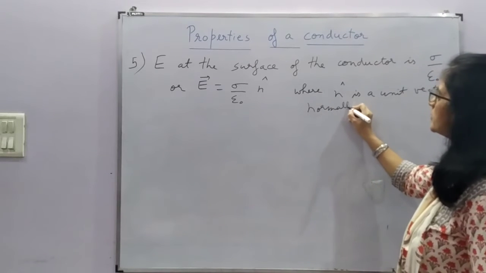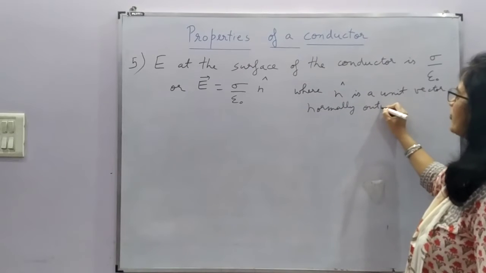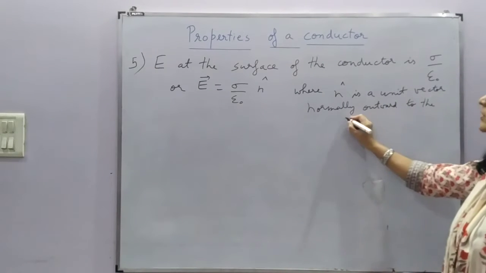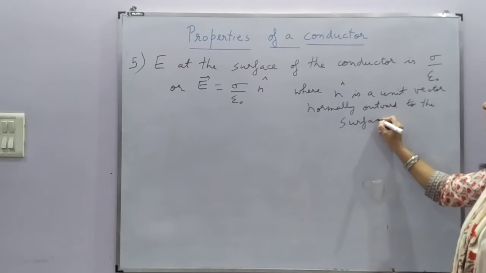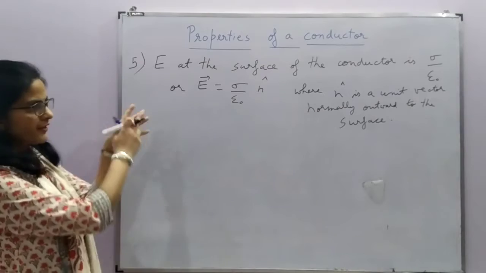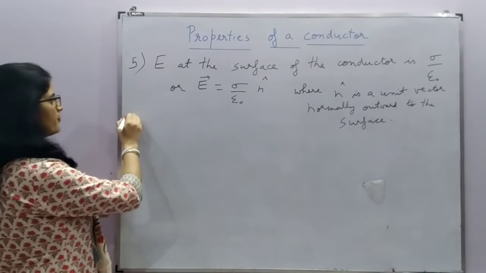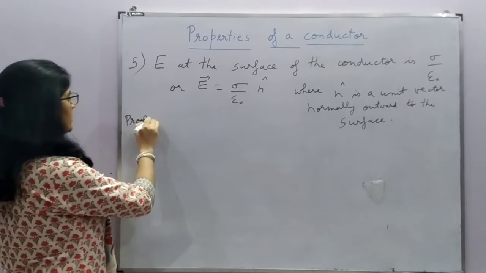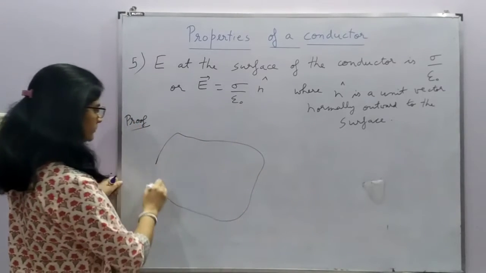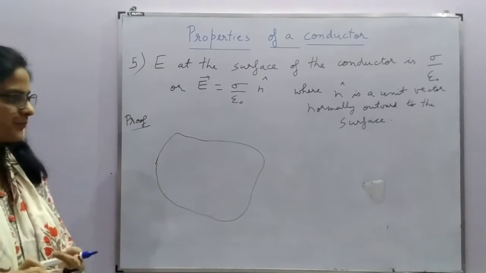normally outward to the surface, right? So for deriving this, the proof can be done like this. We consider a conductor, right?